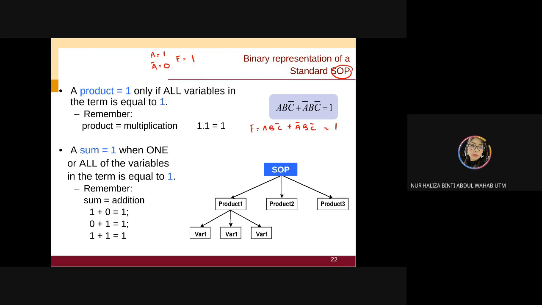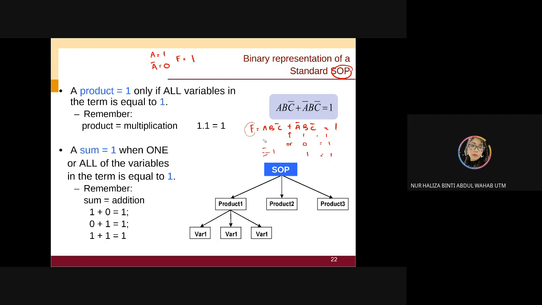So you have several things to see. This one is OR, meaning that if this is 0 and this is 1, you will get 1. If this is 1 and this is 0, you will get 1 for your output. If this is 1 and this is 1, you will get 1. So there are several conditions to meet and you will get your output as 1.